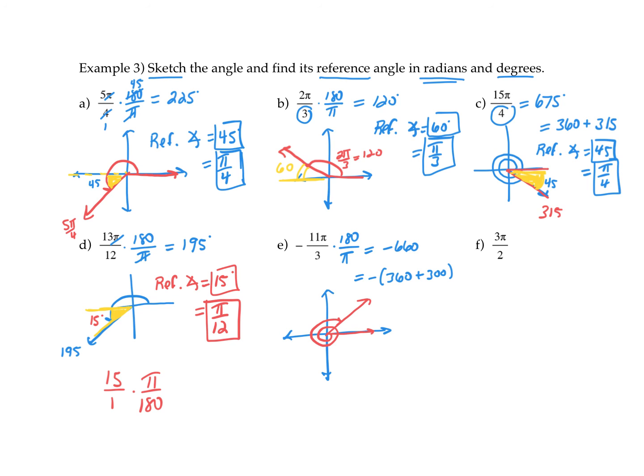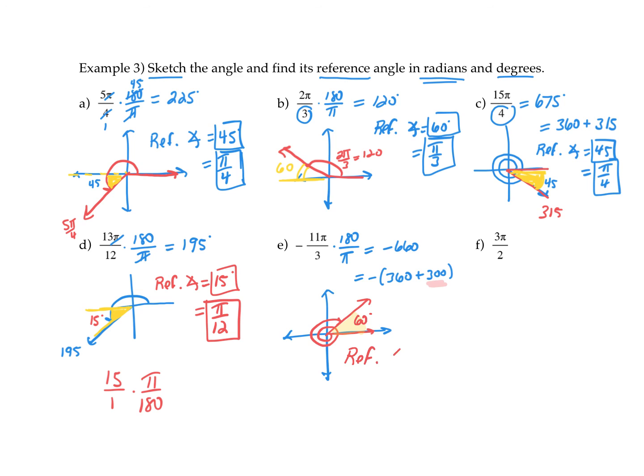Now be careful in this one when you go to find the reference angle. Remind yourself that you want to go to the positive x-axis, so the reference angle would be in here. So if we stopped here in the first quadrant and we went 300 degrees to get there, then we have 60 more degrees to get through to get to that positive x-axis.